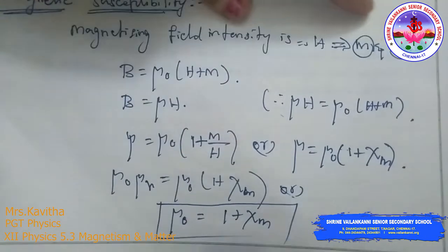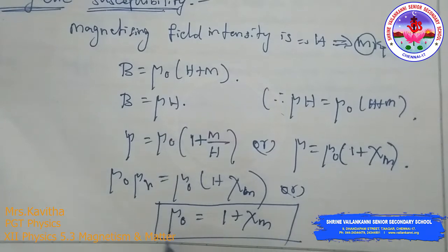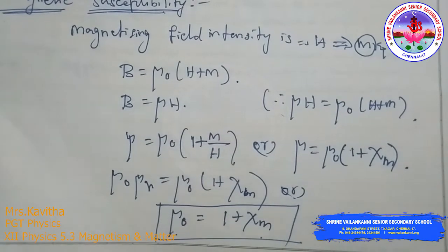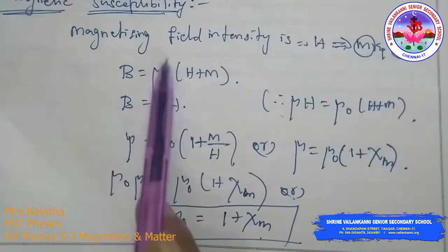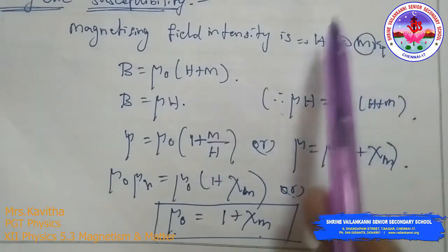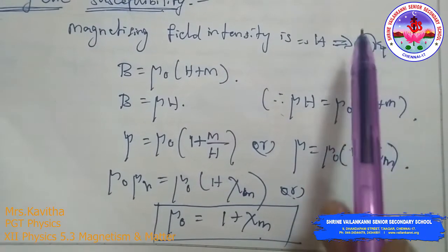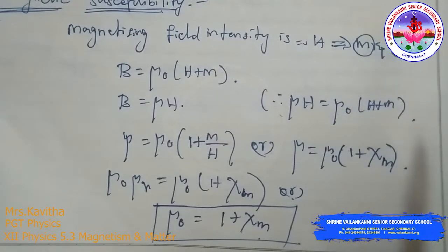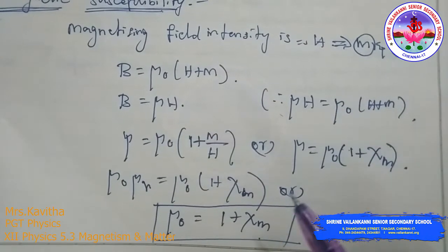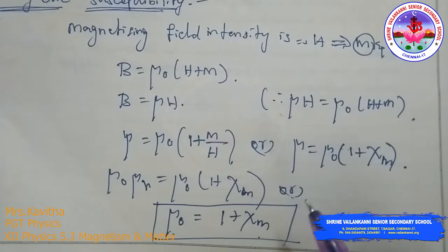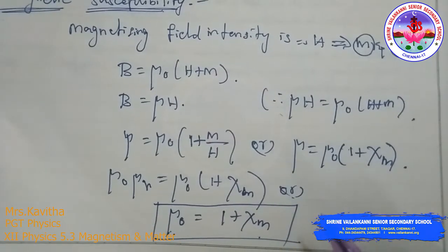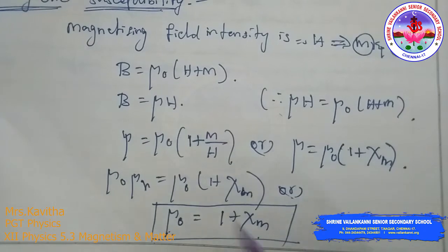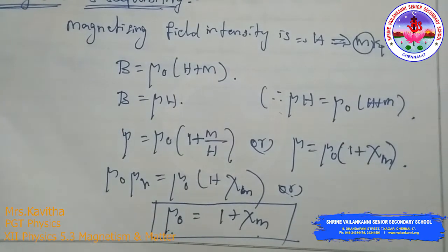In that way we can relate the permeability and the susceptibility with the help of the magnetizing field intensity, the magnetization and the induction, which is developed in the material because of the action of the magnetizing field intensity. From these things we got this derivation, right?